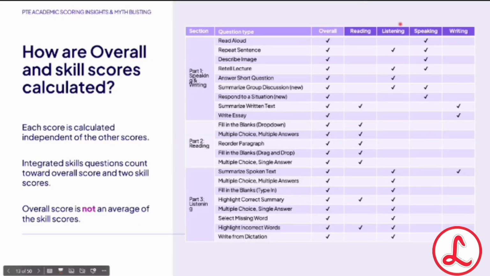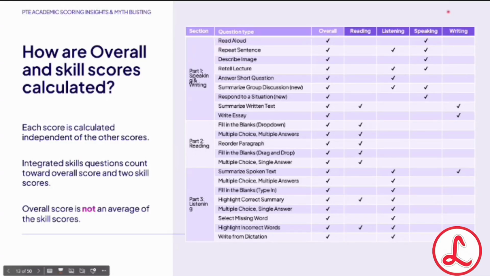And same is true for listening. You could imagine that you've just taken a test that has the question types that have the tick mark by them. Your performance across those question types, that's your listening score, calculated completely separately from everything else. Same with speaking and same with writing. So I'm explaining this because it has something to do with why the overall score is not an average of the 4 skill scores.